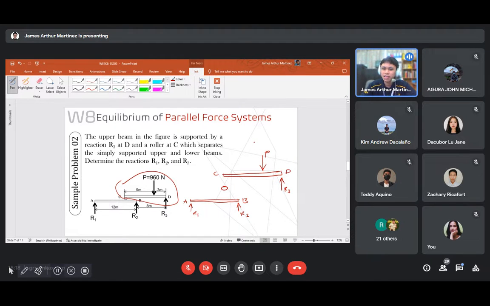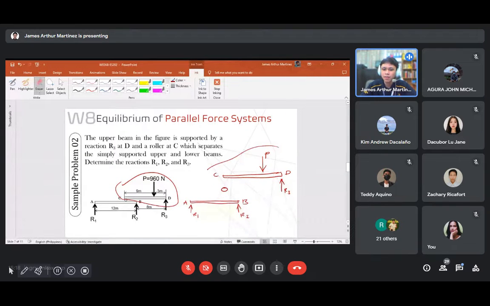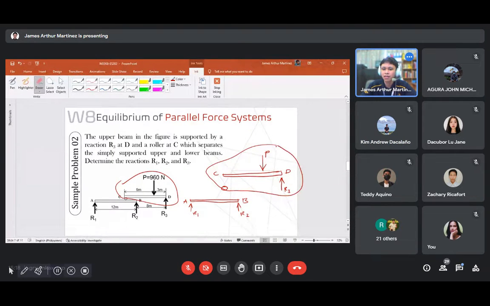So what you will be doing is analyze first beam CD. So how do we do that? Since this is a roller support here, no, we can sum up moment here.